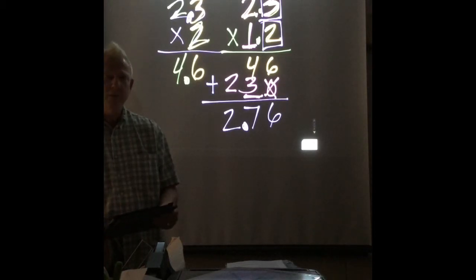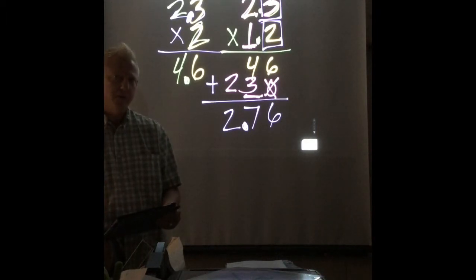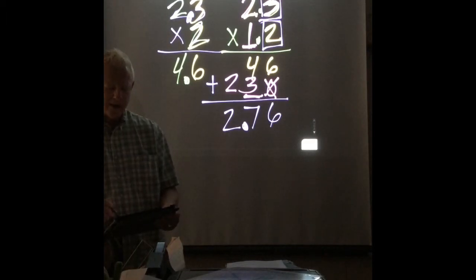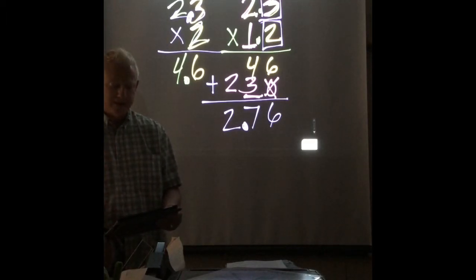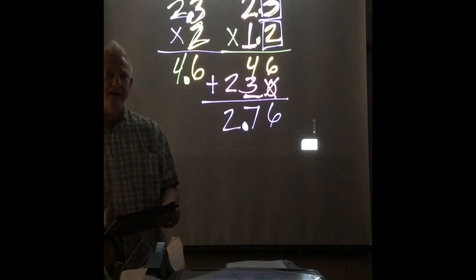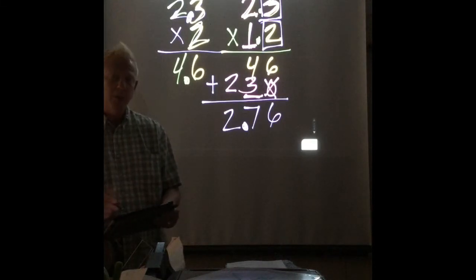Because it's just like multiplying your multiple digit number, and then you just count the places behind the decimal. So let's have everybody say it. Count the places behind the decimal. And that's how you get your answer. And that is multiplying. That's the easy way of multiplying decimals.